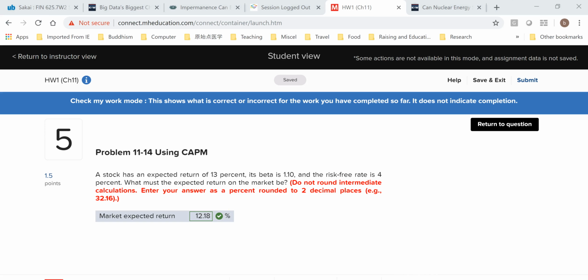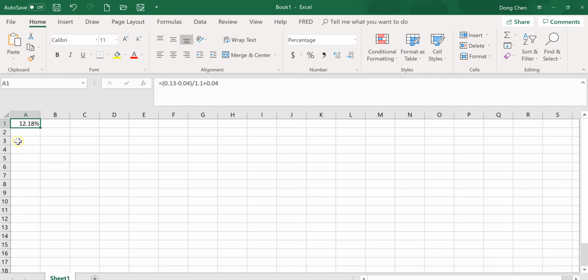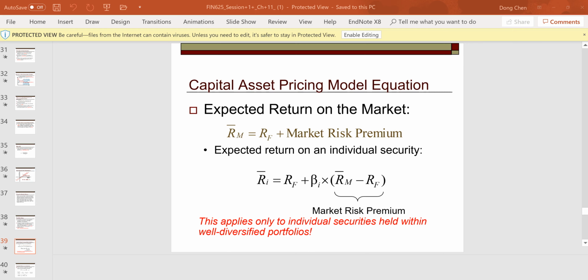The other way is to use Excel. We need to know R_f, which is 0.04, and R_i, which is 0.13, and beta, that's 1.1. That's what we know. And if we know R_M, then we can figure out R_i based on the CAPM equation.